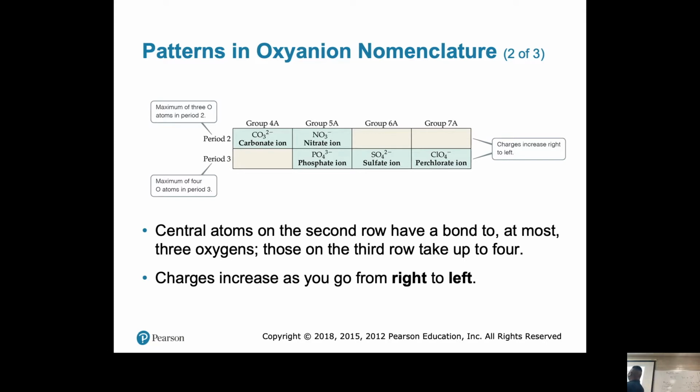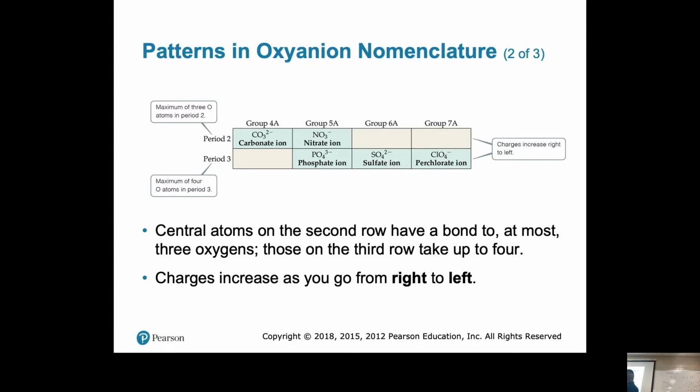Patterns in oxyanion nomenclature. Here's another one, carbonate. Carbonate is the common one here. We have nitrate, phosphate, sulfate, and perchlorate. Those are all the common ones. Notice here we had sulfate. If it loses an oxygen, what is it called? Sulfite.